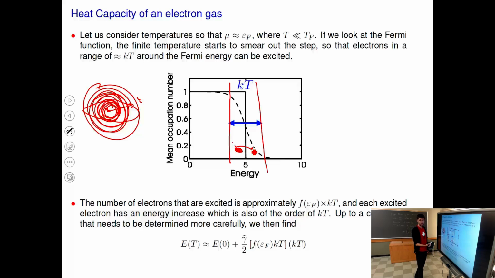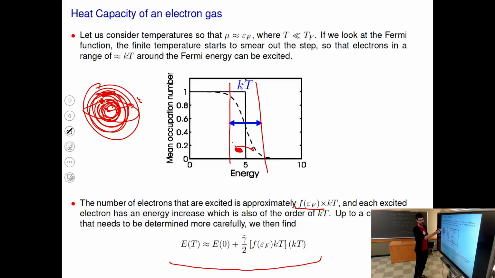This leads us to this consideration here. The number of electrons that are living in this range is the density of states times the energy interval. That will tell us how many are there. And how much energy can each of them absorb or release? That's kT. So the energy of a Fermi gas as a function of temperature is some constant E0, which is temperature independent.